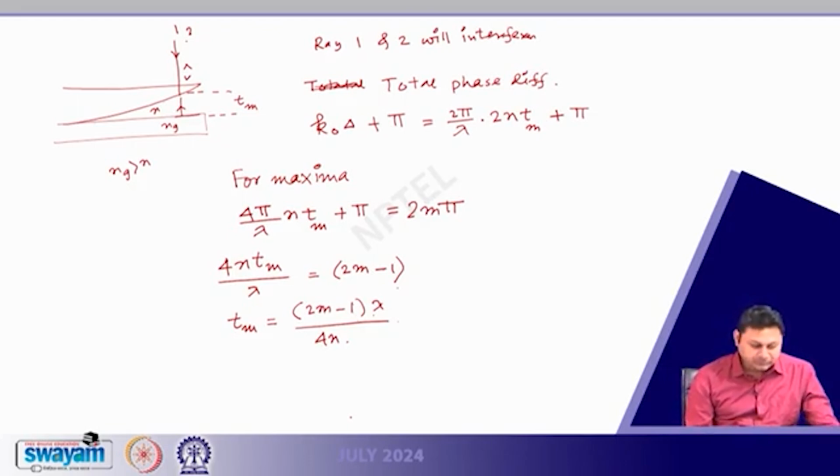So, how you do the wavelength measurement, that I would like to show here. That is the expression we have, that this Tm where we have the maxima is this.